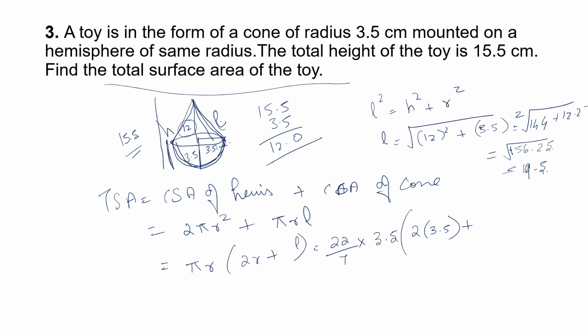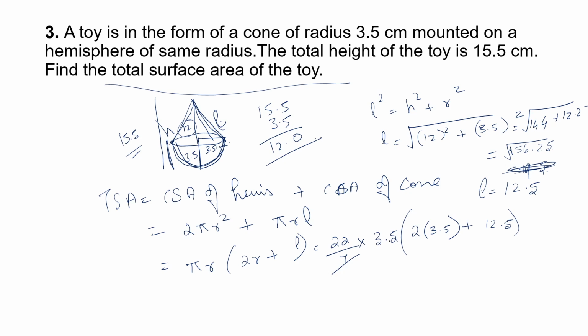Check this value, 19.5 into 19.5, what are we getting? Just a minute, you can also check. Yeah, it's 12.5. So L we are getting as 12.5, so you can use here L as 12.5.